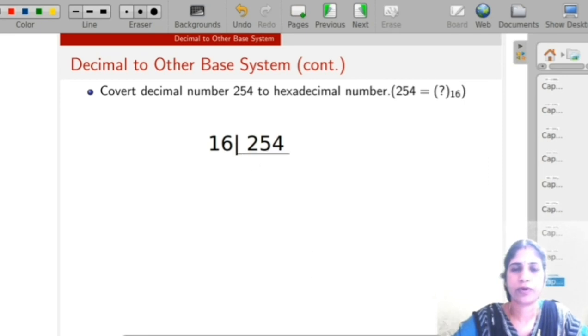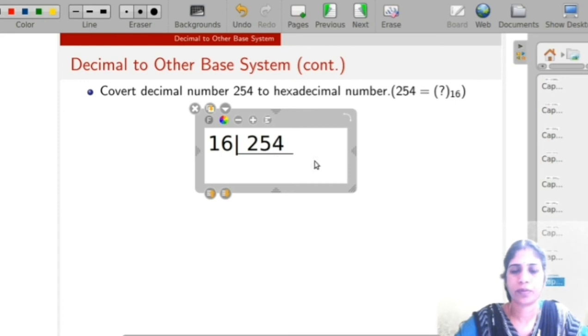When 254 is divided by 16, we get 15 as the quotient, 16 15s are 240, and the remainder is 14. Then the quotient 15 is less than 16, so we stop the process.